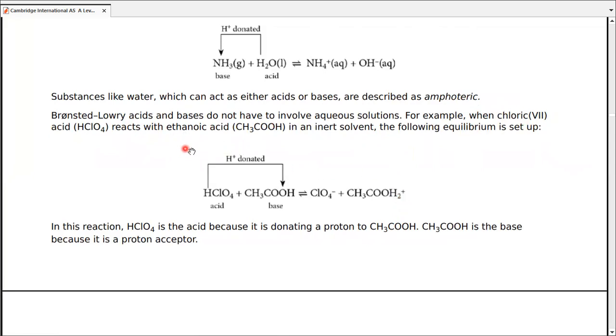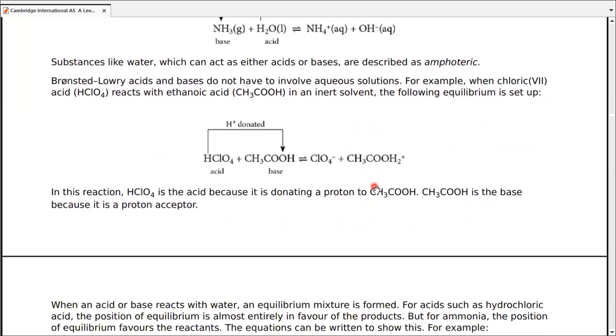Now, when this reacts with ethanoic acid, CH3COOH, in an inert solvent, not water, non-aqueous we're talking about, the following equilibrium is set up. In this specific equilibrium, of course, we are comparing one more acidic acid with one less acidic, or you can say one stronger acid with a weaker acid.